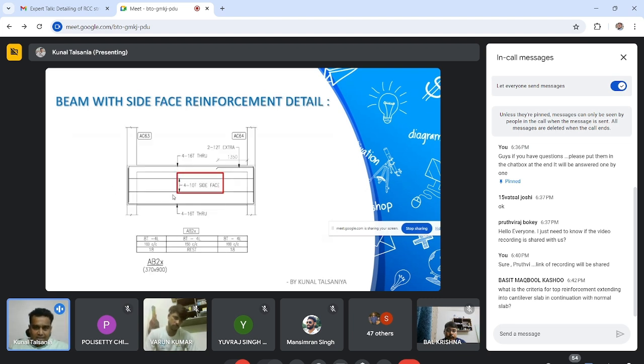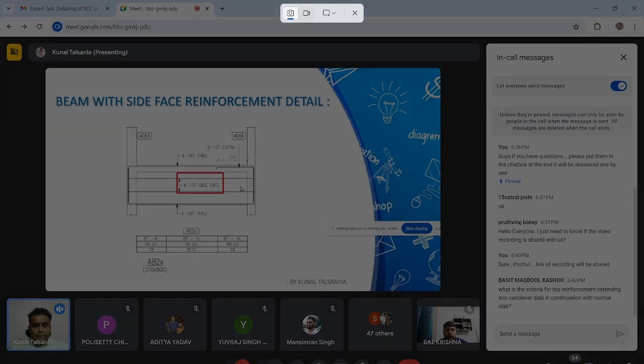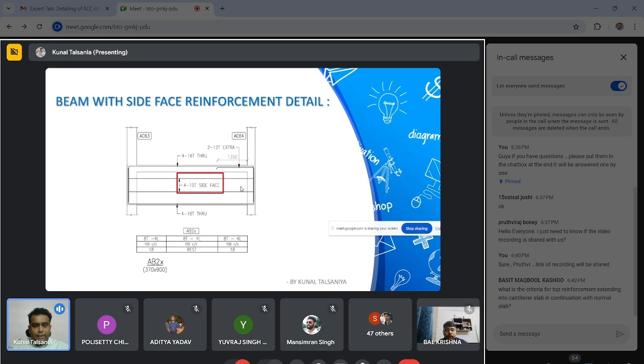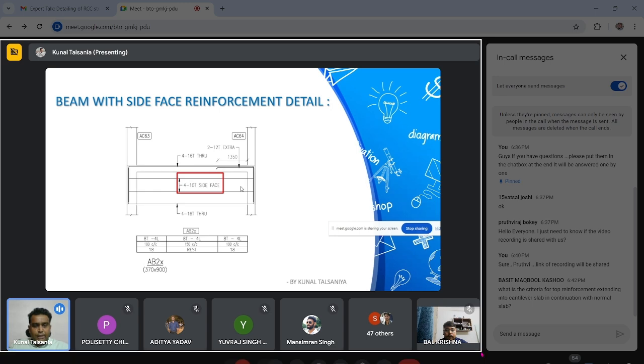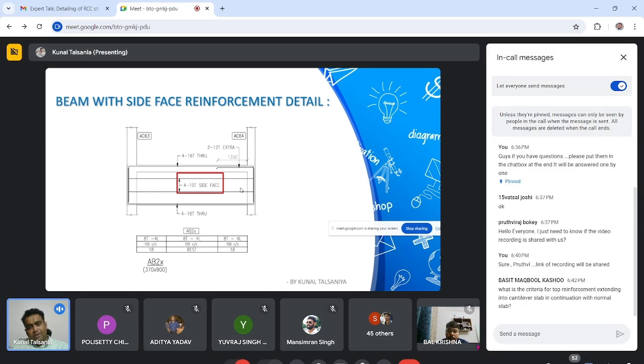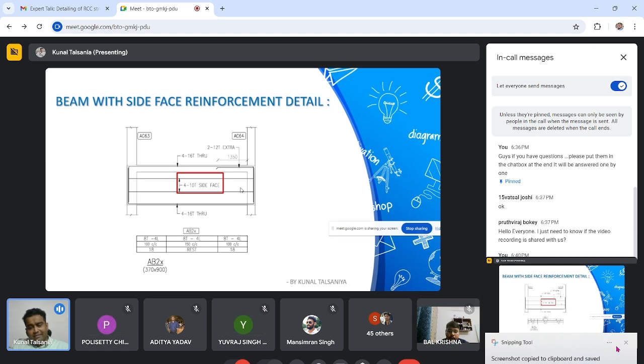See, the depth of beam is, say, 900 mm for example, or more than 750. So I have to calculate 0.1 percent into, say, my beam width is 230 mm and depth is 750 mm. Then 0.1 into 230 into 750, that mm square has to be provided, divided by 4.